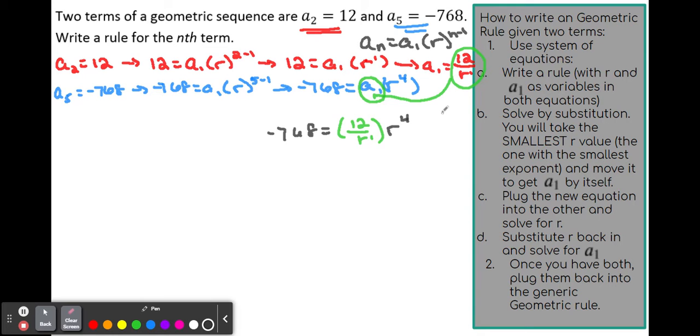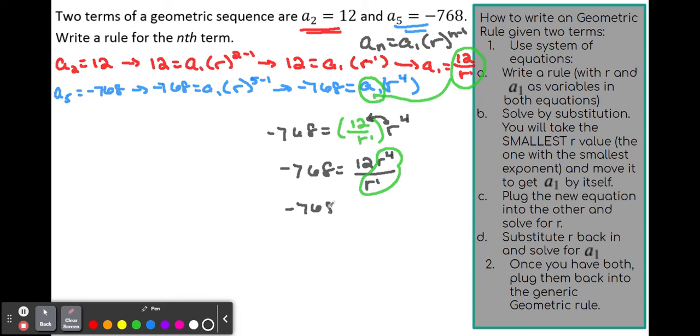Now here's why we chose the smallest one. Because when you have the smallest exponents in your denominator, you're going to end up subtracting, because this is what it's going to look like. Negative 768, when you multiply this, you have 12 R to the fourth over R to the first, because you would multiply the numerator with the whole number, or the R in this case. And then these R's, exponent rules, we subtract them.